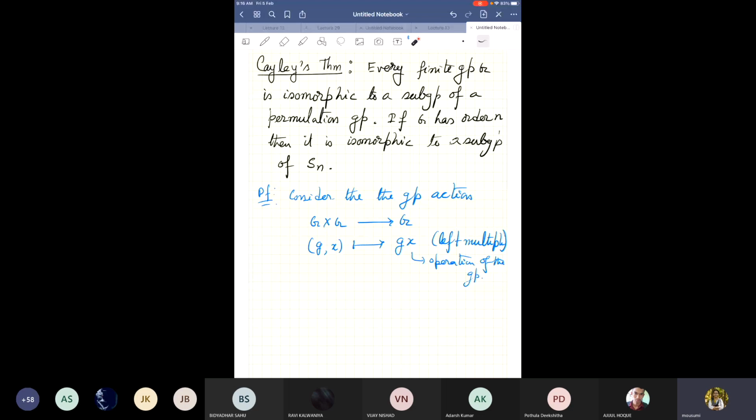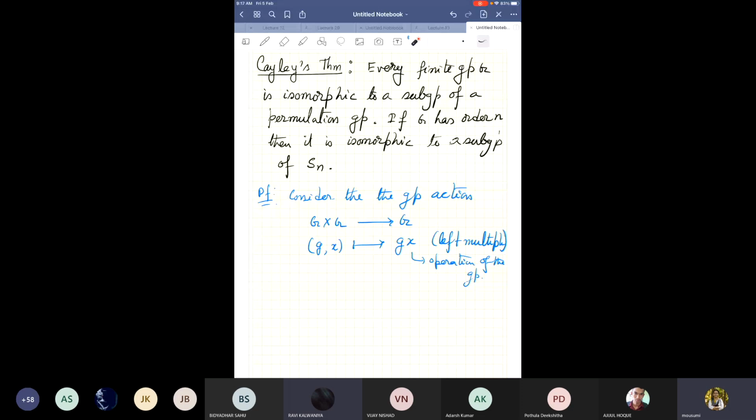But how do I, from a group, go to the permutation group? Any guess? From a group, how can I go to a permutation group using some group action? Any idea?